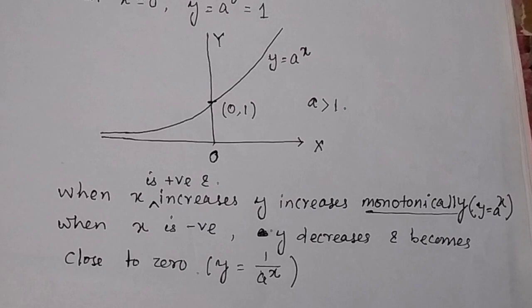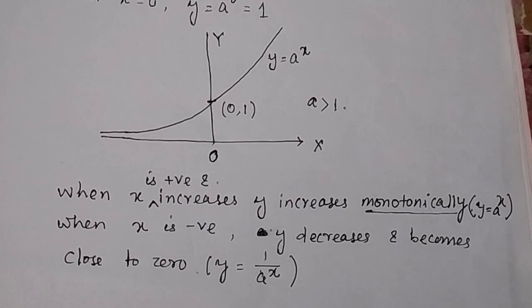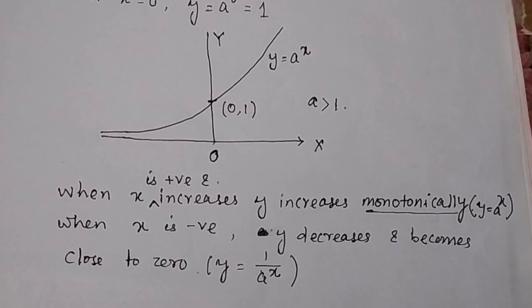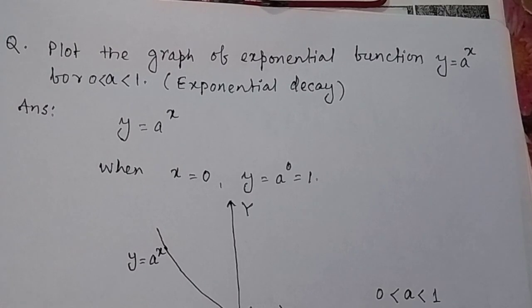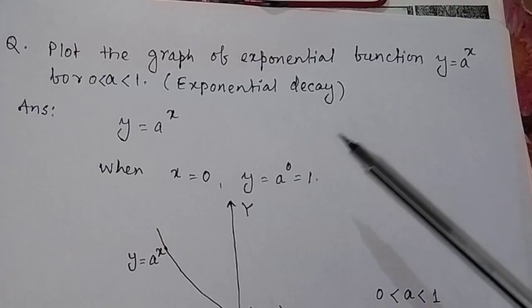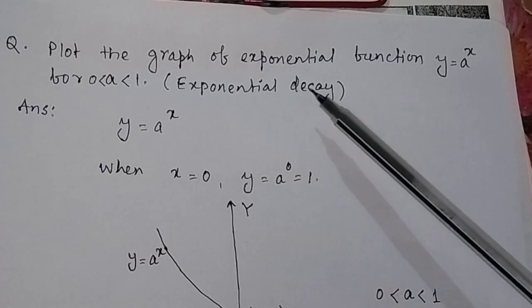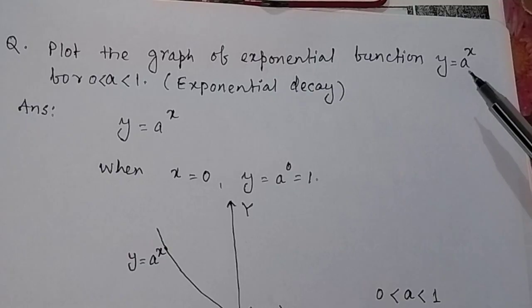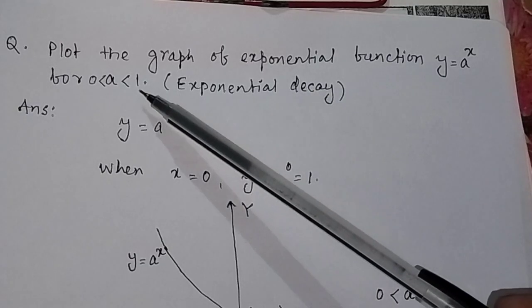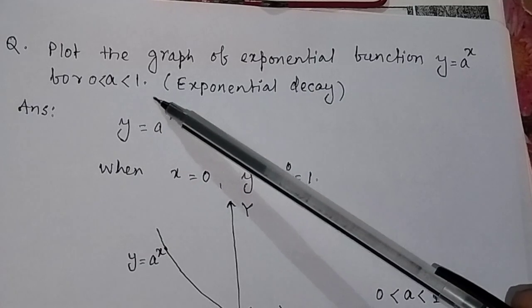Then we will discuss or plot the graph of the exponential function y equal to a to the power x for a is less than 1. So in examination you will find questions to plot the graph of exponential function y equal to a to the power x for a value lies between 0 and 1.